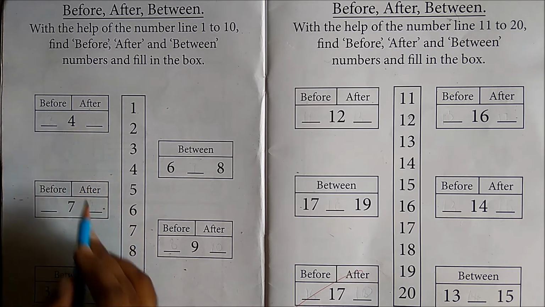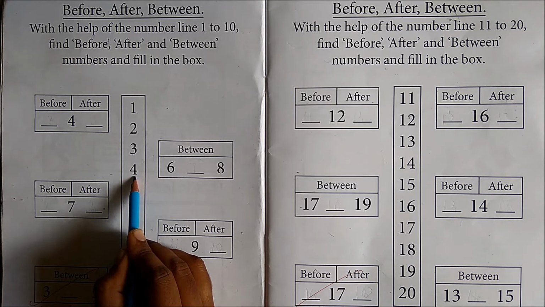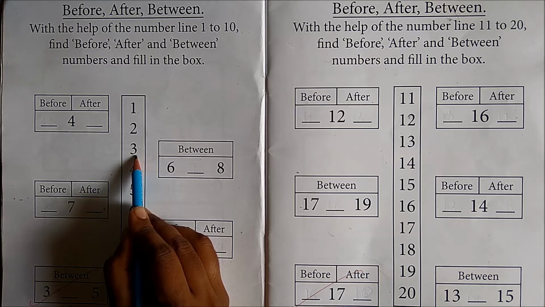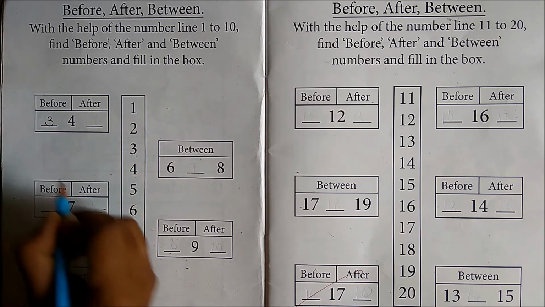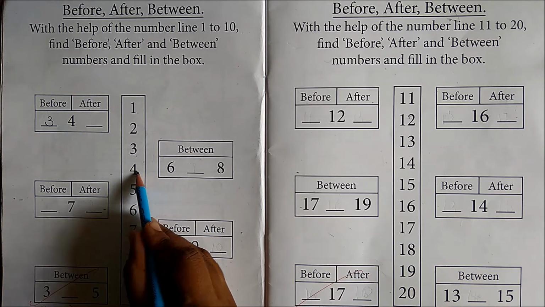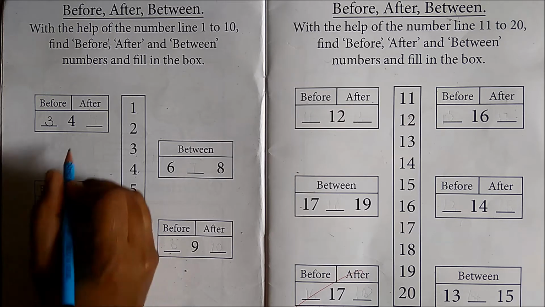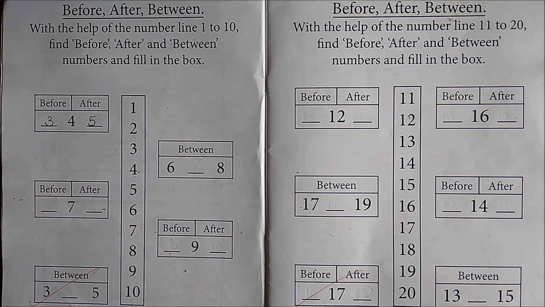So, if you look at the number 4, which is the number which comes before 4? 3. So, you need to write 3 here. And which is the number which comes after 4? 5. So, we need to write 5 here. Okay? So, let's do the next one.